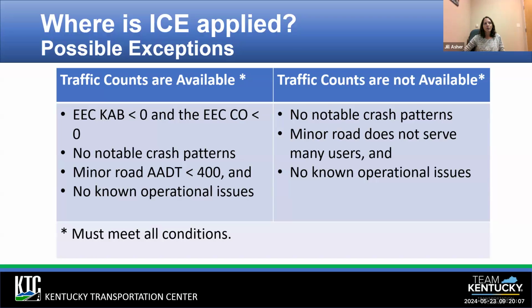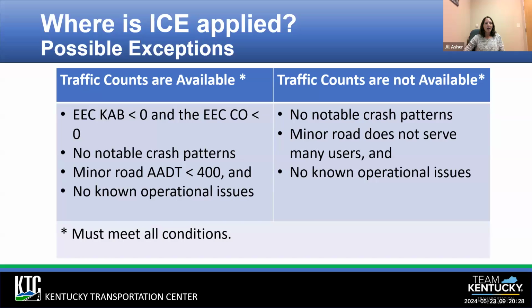If you have traffic counts available, which a lot of our county roads don't have, but if they do, you can go to CDAT, the crash data access tool, and you can look at the EECs for the intersections. And we'll talk a little bit more about what those are in a minute.